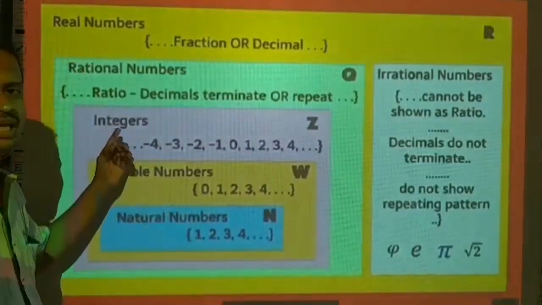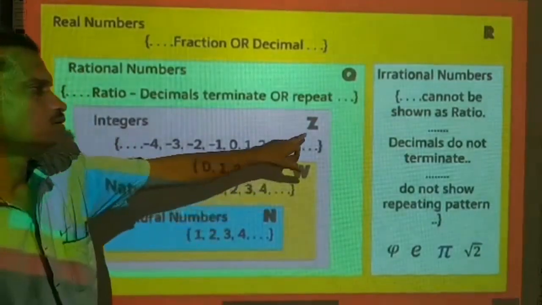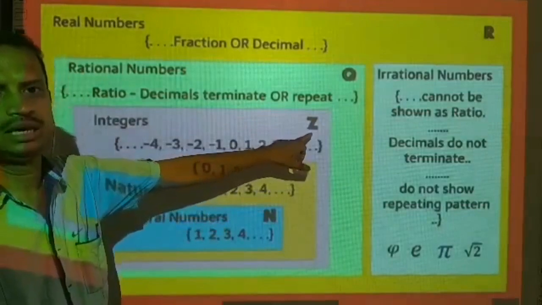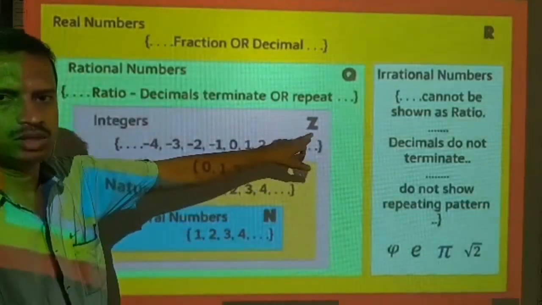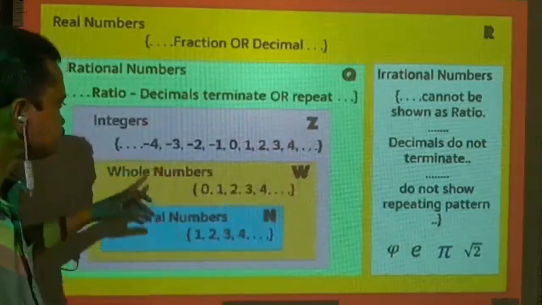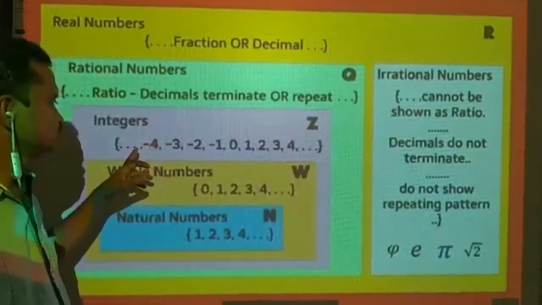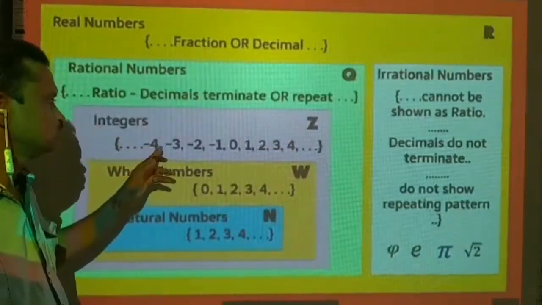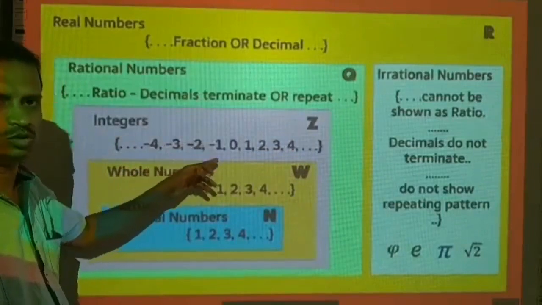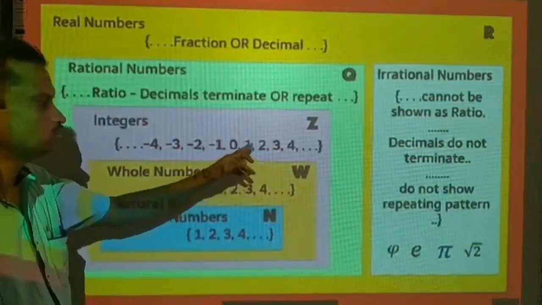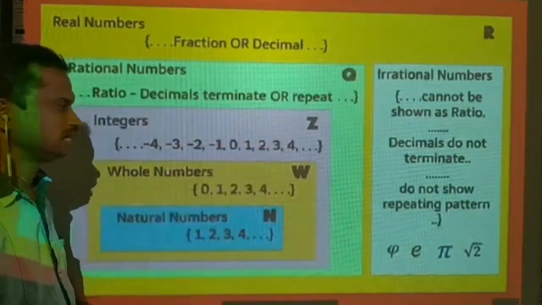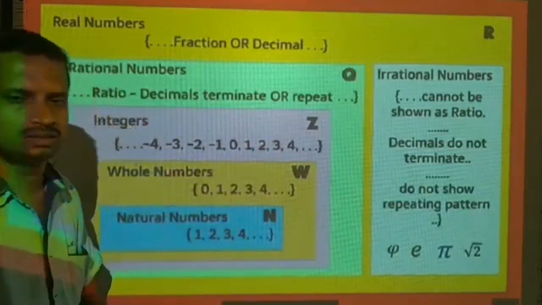And next, coming to integers, Z is the letter to denote integers. Starting from negative: minus 4, minus 3, minus 2, minus 1, and then 0, 1, 2, 3, 4, etc. So this is integers.